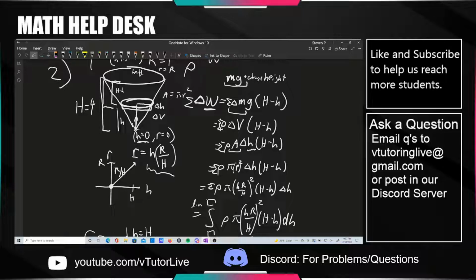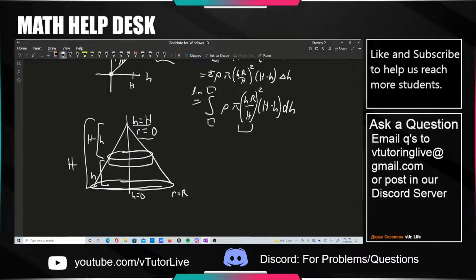There's a lot more water towards the top here that's already close to the destination, whereas down here, there's a lot of water that's really far down. So intuitively, this one's going to take more to get up to where it needs to be because everything's really bottom heavy. You see what I'm saying?